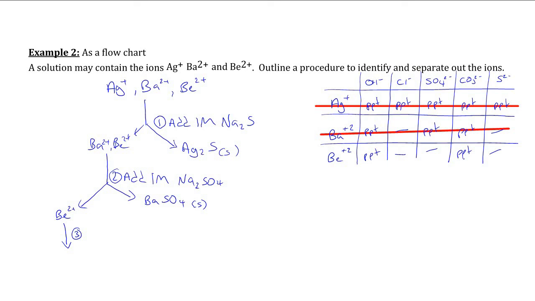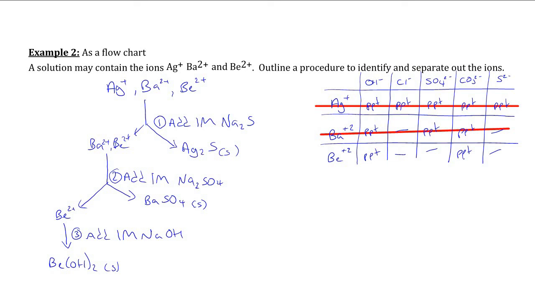So let's just go ahead and use the sodium hydroxide this time, and add 1 molar sodium hydroxide. And this will leave us with the beryllium hydroxide solid that we could filter out from the solution there.